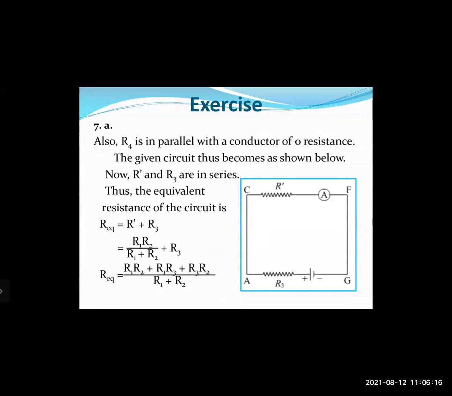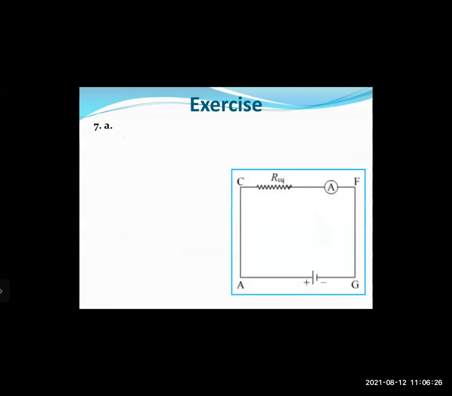Now calculate the current going through the circuit. This is the effective circuit. We have replaced all resistances in the circuit, so R equivalent stands for the total resistance that we have calculated. Hence, the current flowing through the circuit, now we know Ohm's law, is equal to V by R equivalent.